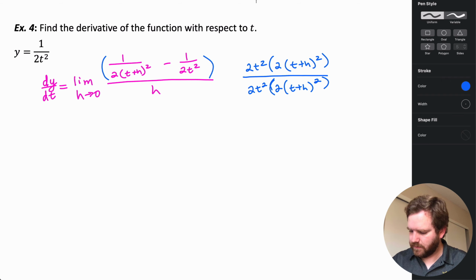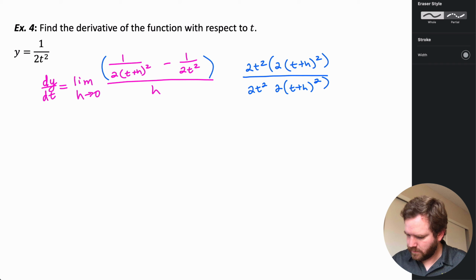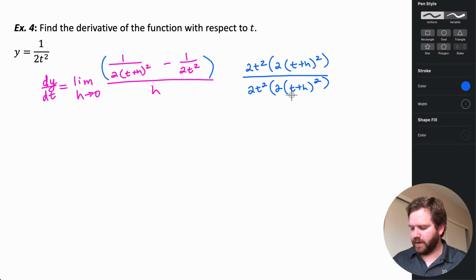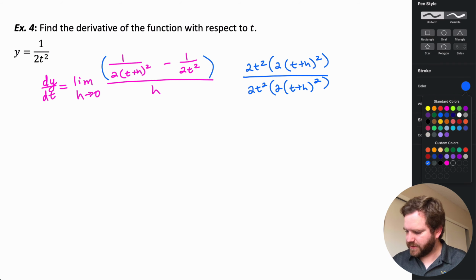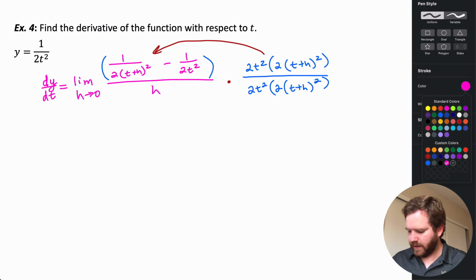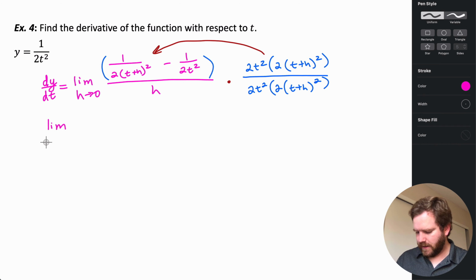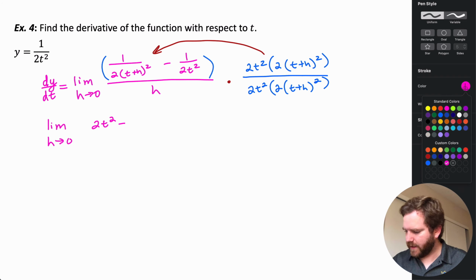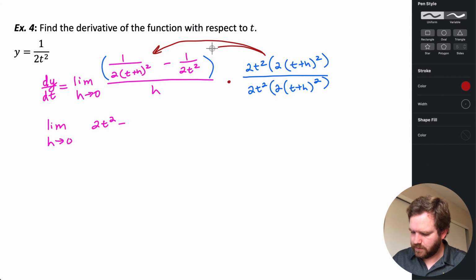So that's actually going to be, let me fix this a little bit, like a 4t squared times that quantity. If I distribute this into the first term, the 2 times the quantity t plus h squared is going to cancel with this, and it's just going to leave me with the 2t squared. So I have the limit as h approaches 0 of 2t squared minus, when I multiply the second one in, the 2t squared is going to cancel with the 2t squared here.